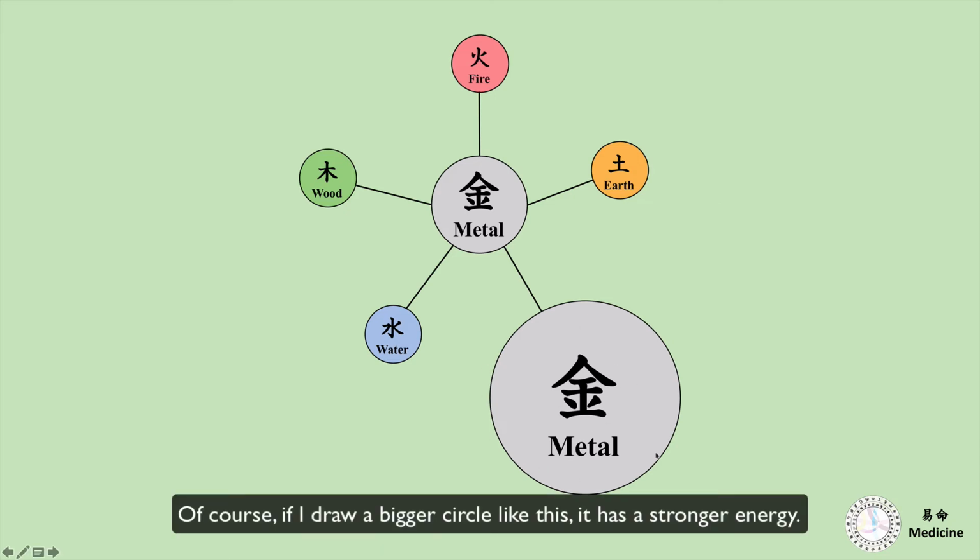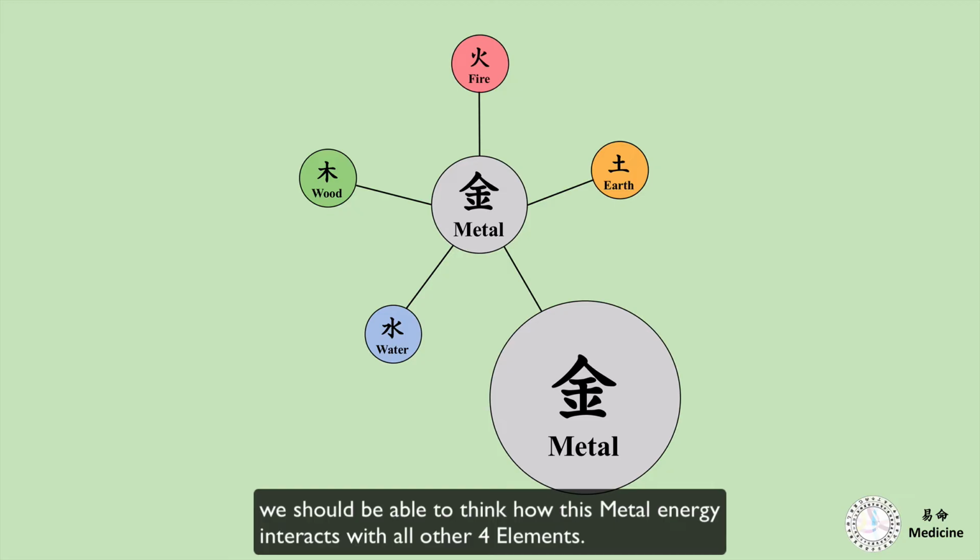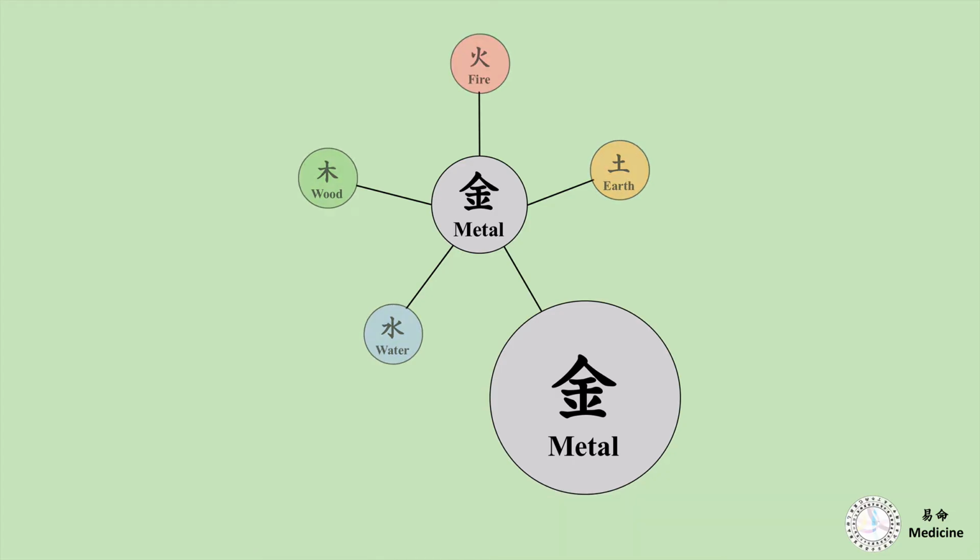Of course, if I draw a bigger circle like this, it has a stronger energy. So here, someone's metal energy is relatively stronger than other 4 elements. Then we should be able to think how this metal energy interacts with all other 4 elements.